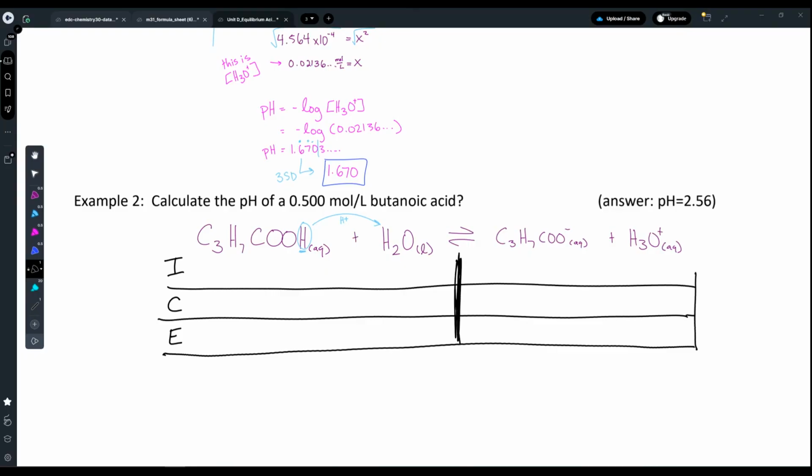I'm putting a thicker line right underneath the equilibrium arrow to help me distinguish reactants from products, and I'm putting the other lines roughly just under the plus signs there.